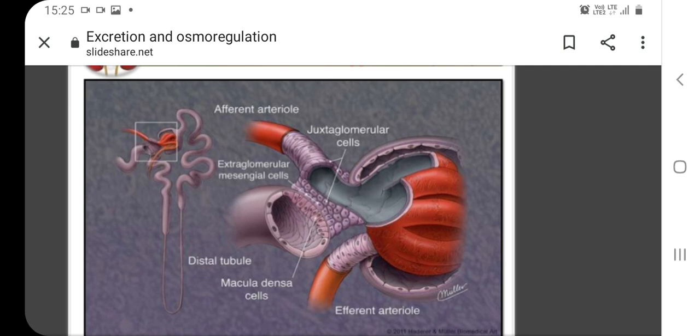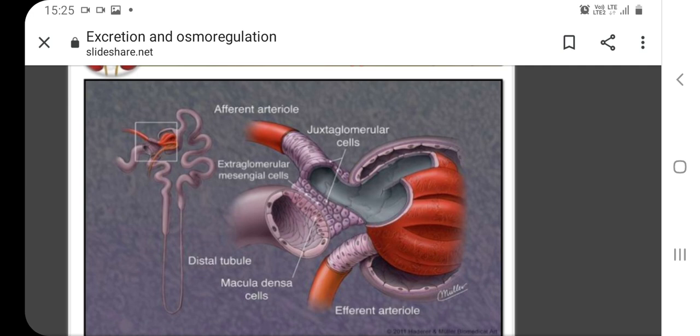The JGC is an endocrine structure that secretes hormone erythropoietin. It secretes enzyme also.